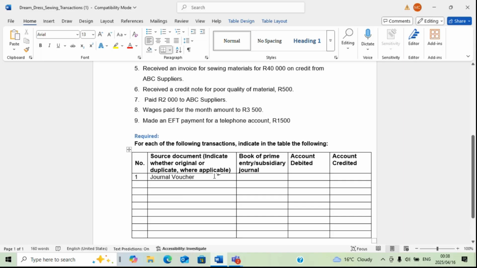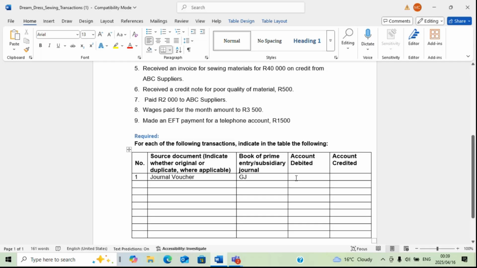So the source document for this machine and capital is going to be a general voucher, and then the subsidiary journal is going to be general, GJ. You can say GJ, or you can write in full, general, right? And the 2 accounts affected are capital and machine, right?